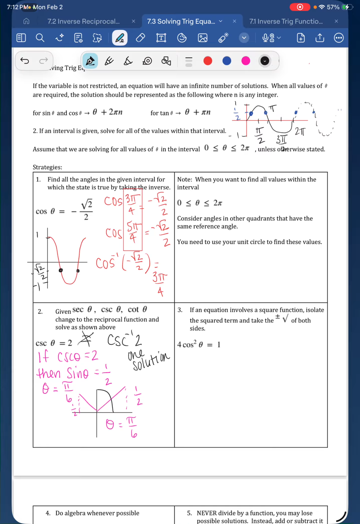A pi over 6 reference angle in quadrant 2 is a total of 5 pi over 6. If I asked you for the inverse, the answer would only be pi over 6. You're looking at two different graphs. Okay. All right, let's move on.